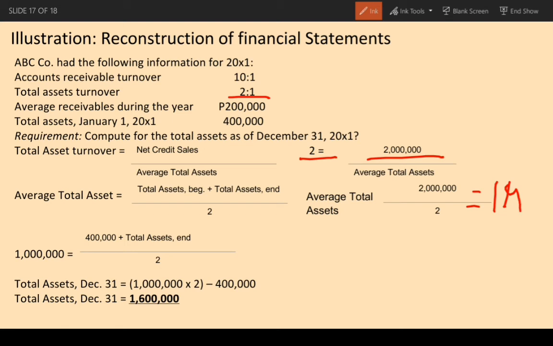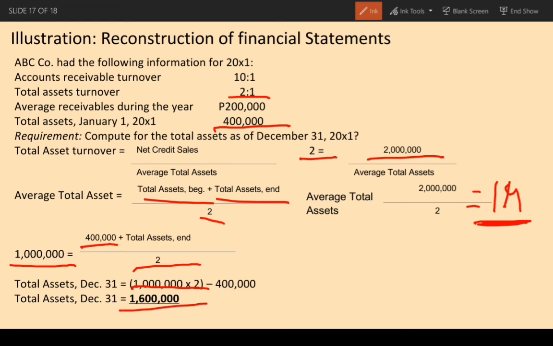Average total asset is equals to total asset beginning plus total asset end divided by 2. So, 1 million, which we got earlier, is equals to total asset beginning of 400,000 plus total asset end divided by 2. So, 1 million times 2 minus 400,000, the total asset as of December 31, 20x1 is 1.6 million.